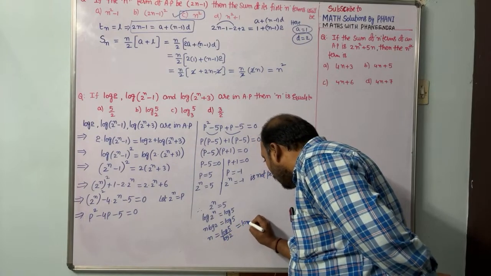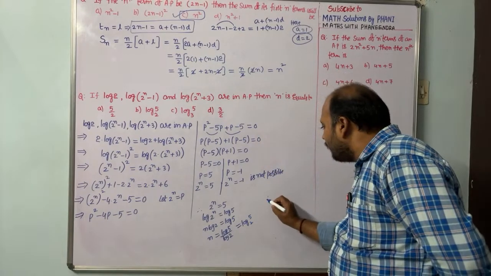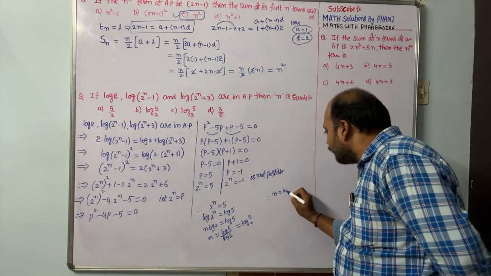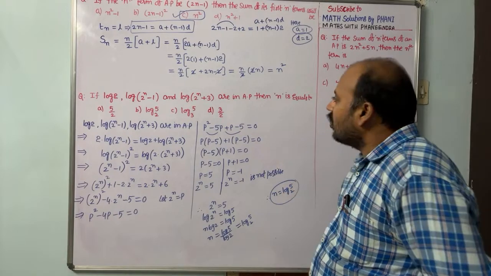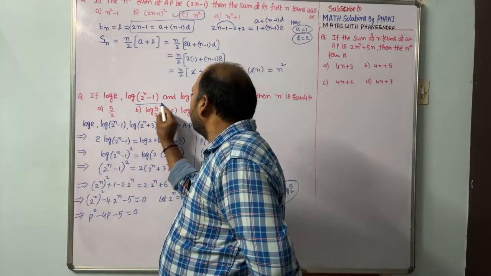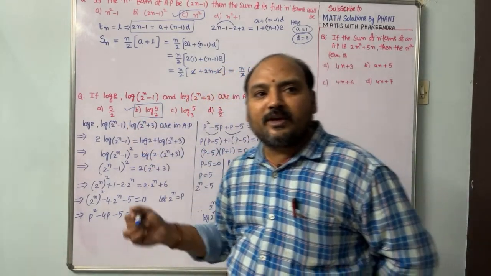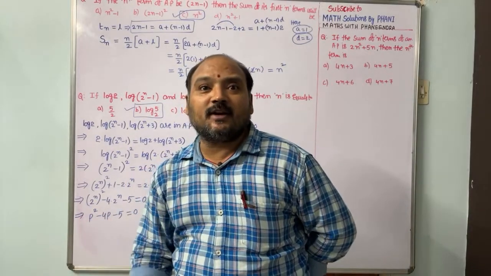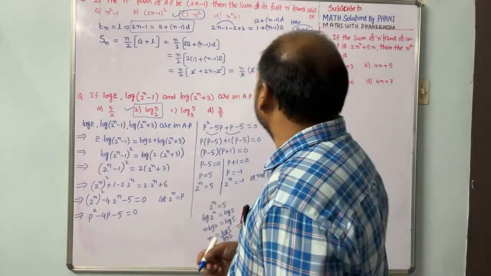That is equal to log 5 to the base 2. Therefore, the value of n is equal to log 5 to the base 2. So log 5 to the base 2 is there in the second option, dear students. These type of questions we may expect in Polytechnic, 10th class as well, in the MCQ type questions.